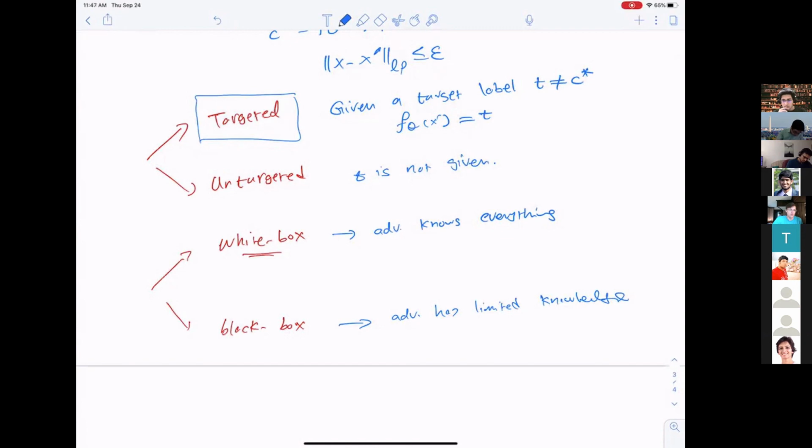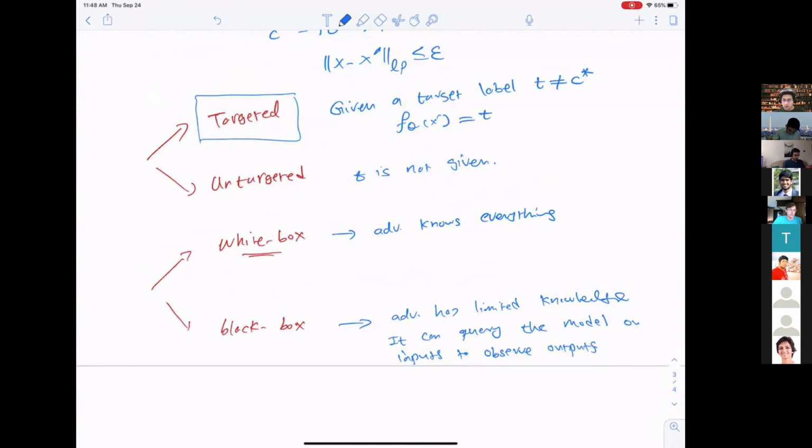So it can query the model on inputs to observe outputs. It can say, okay, what is my output if I have this input, end to end, but the adversary doesn't know what is going on in the black box that we represent as our model.